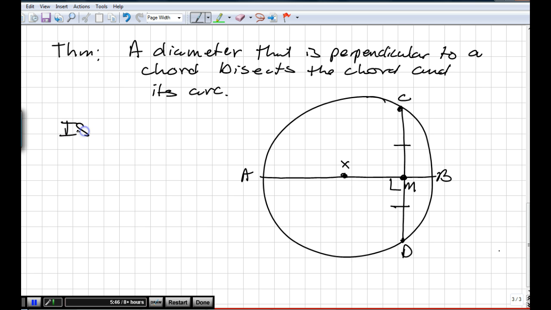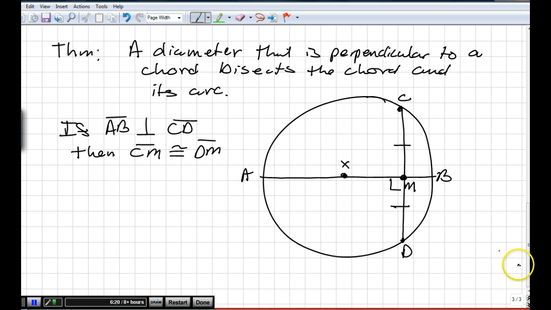So it says if segment AB is perpendicular to segment CD, then segment CM is congruent to segment DM, okay, by definition of bisector. So we know that it bisects the segment, okay.